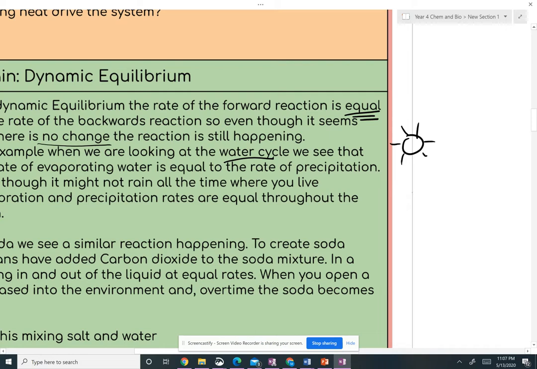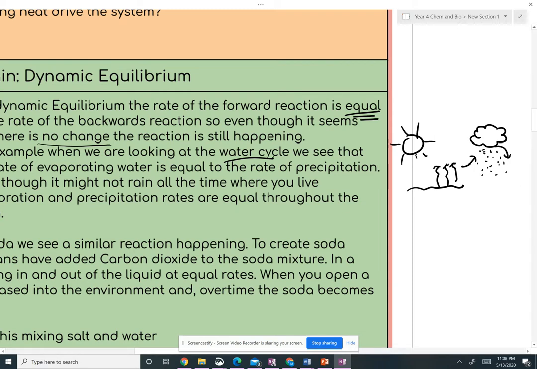The sun evaporates water, that evaporated water goes to the clouds, and then the clouds rain down. You have to keep in mind that it's the same amount of liquid going back and forth, whether it falls on one part of the world or the other. We're not essentially losing or making anything.